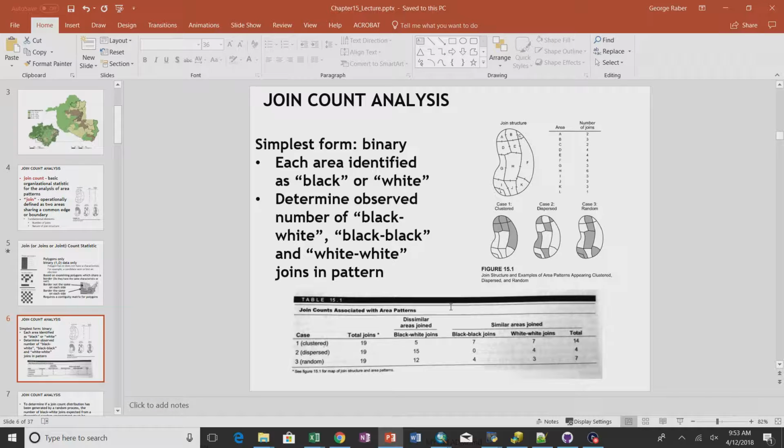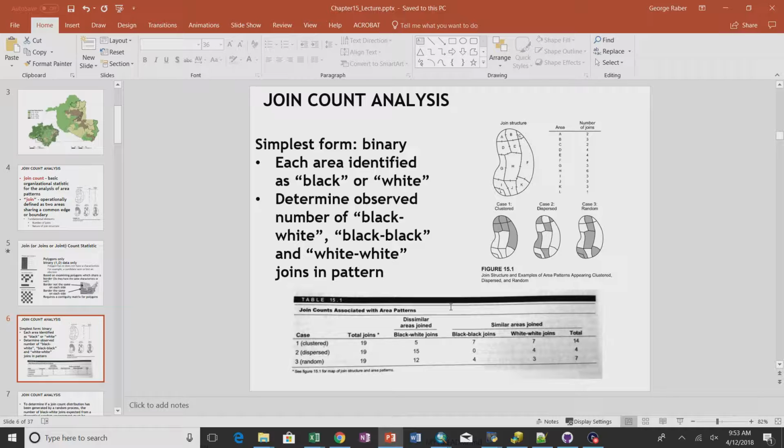So you have the number of joins, and in the book, these are always referred to as either white-white joins, black-black joins, or white-black joins. In other words, you've got two values, so both polygons have the same value, and it's one of the values, or both polygons have the same value, and it's the other value.